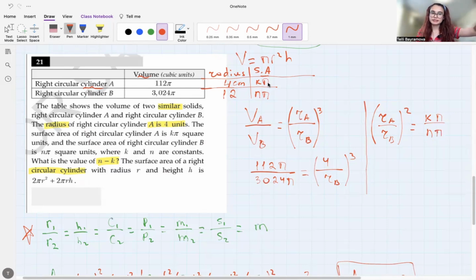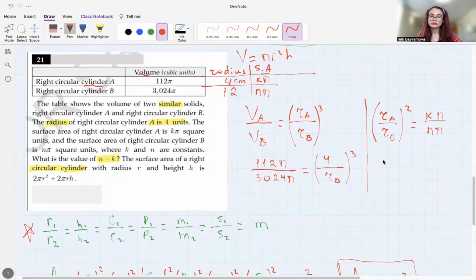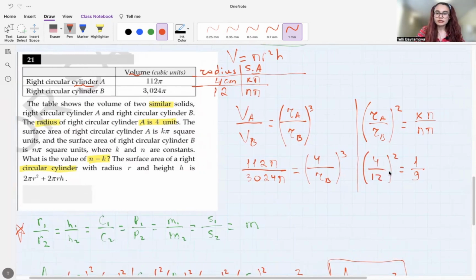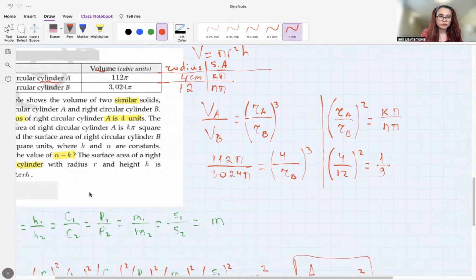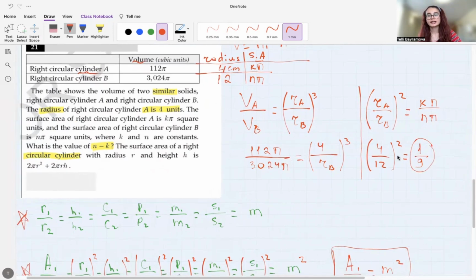Because surface area of A is KP, B is NP. So let's write radius area is what? 4 over 12 square, which is 1/3, 1 over 9, right? 1 over 9 is our ratio. If we find one, we can find the other as well.